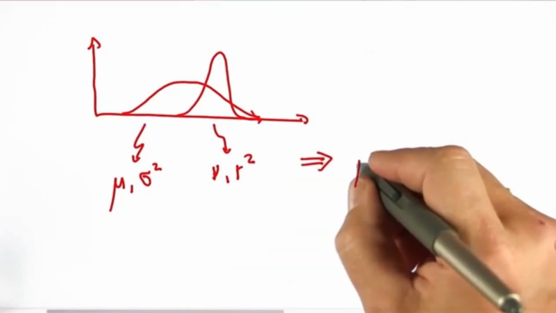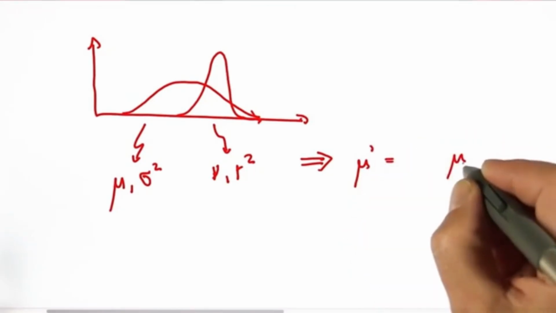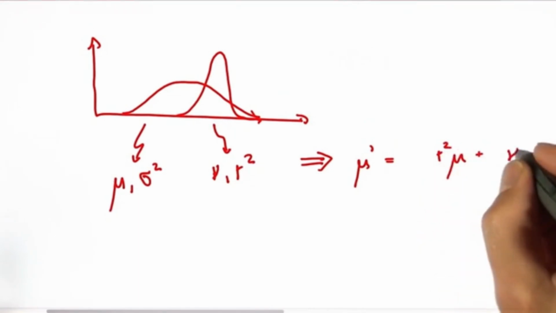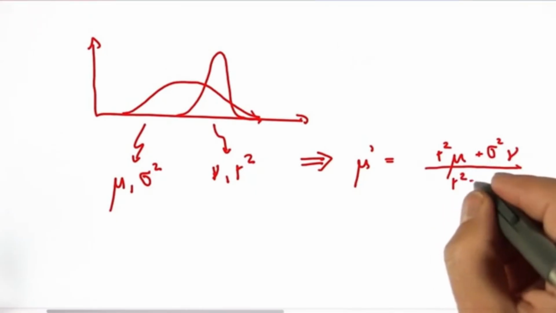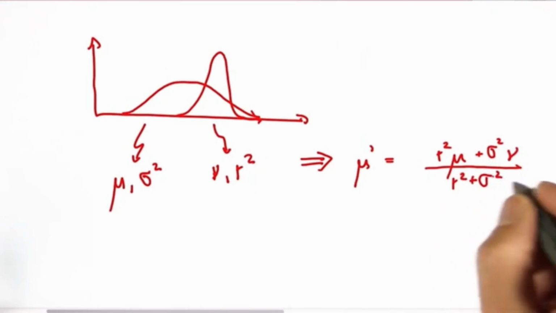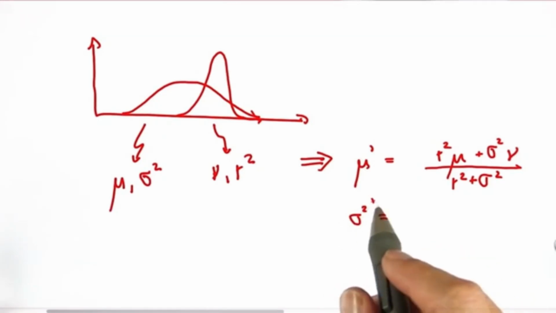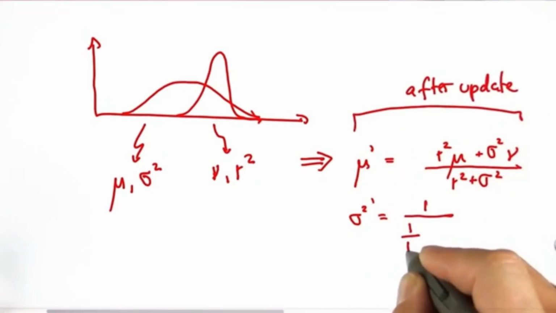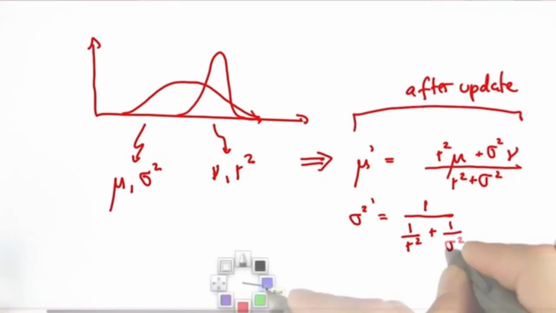The new mean, mu prime, is the weighted sum of the old means, where mu is weighted by r square, nu is weighted by sigma square, normalized by the sum of those weighting factors. And the new variance term, which I'm going to write as sigma square prime for the new one after the update, is given by this equation over here.